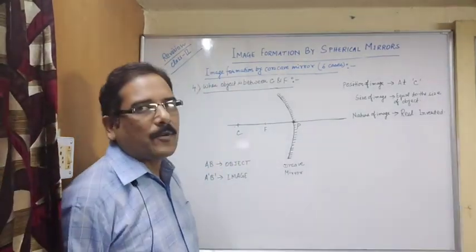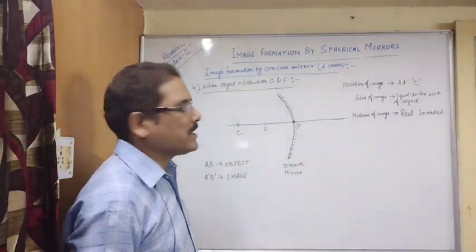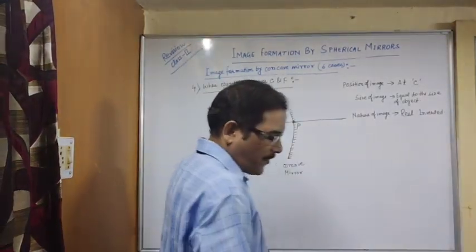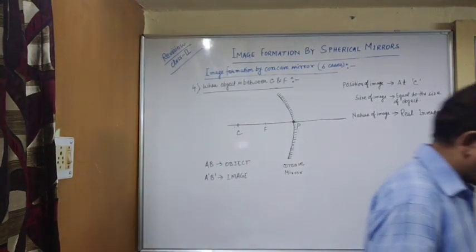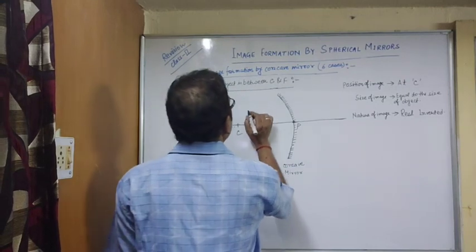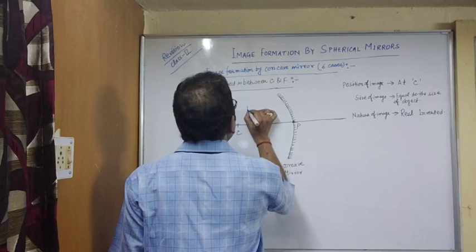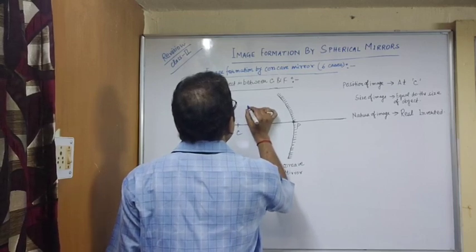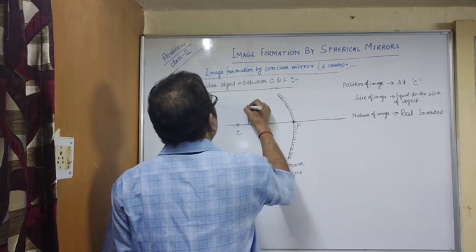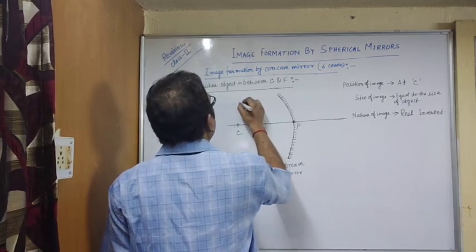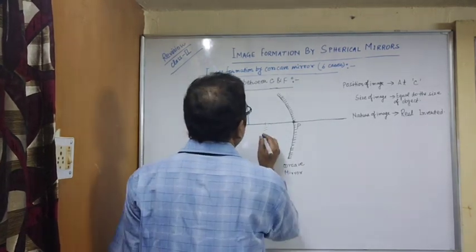So this time you have to place the object between these 2 points anywhere. Suppose we have placed the object here. Name the object, let the object be AB.